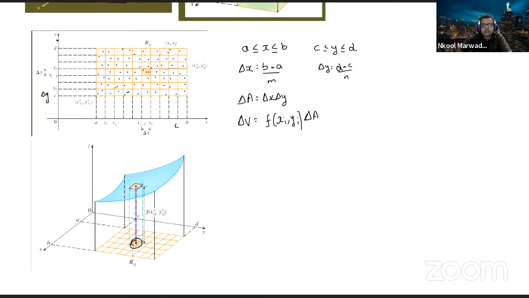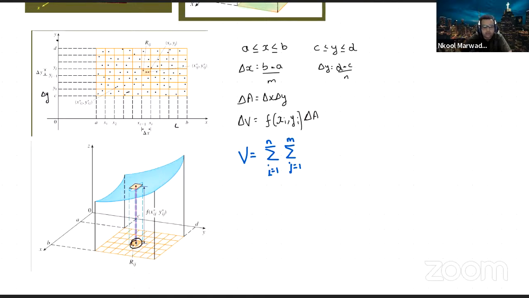It is evident from whatever discussion we did until now that this V is the summation of j equals 1 to n, i equals 1 to n, isn't it?